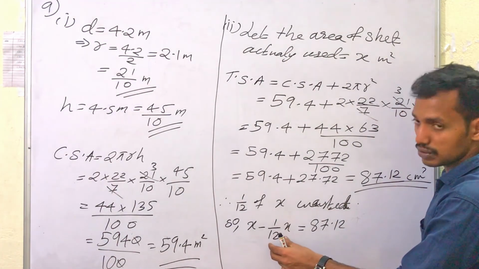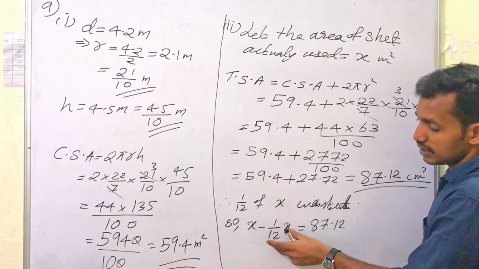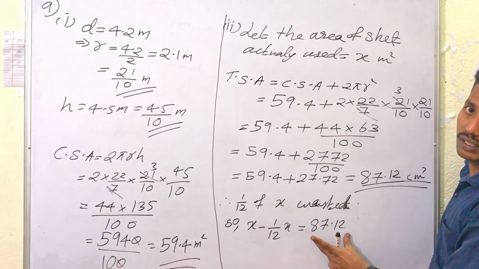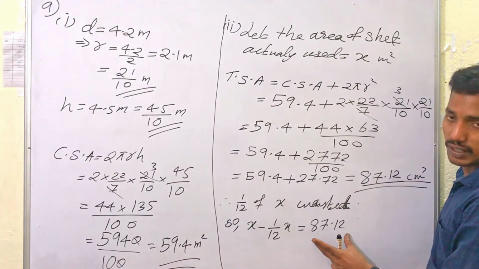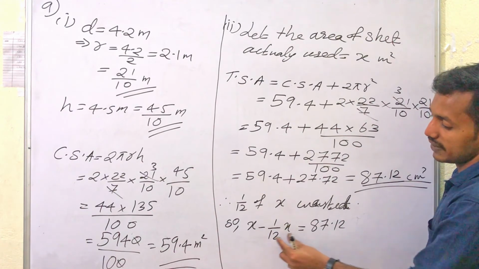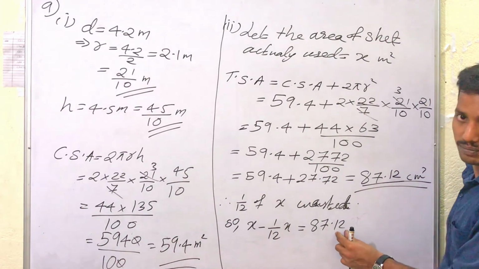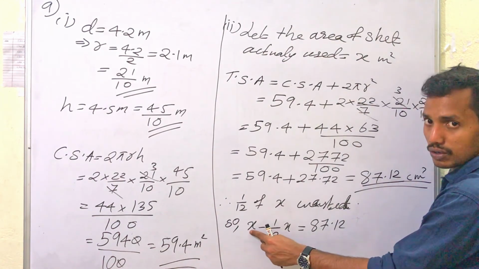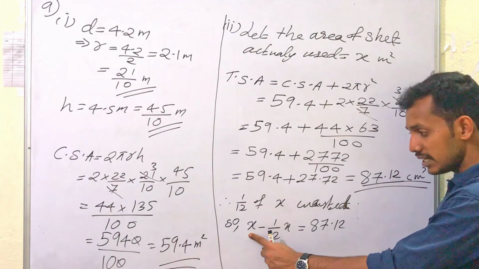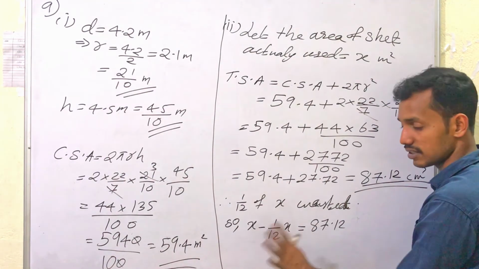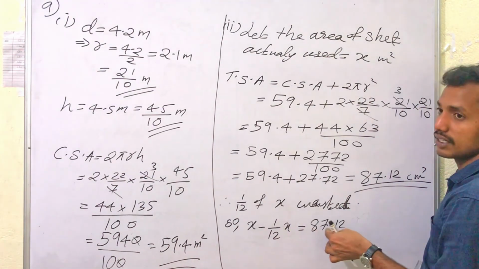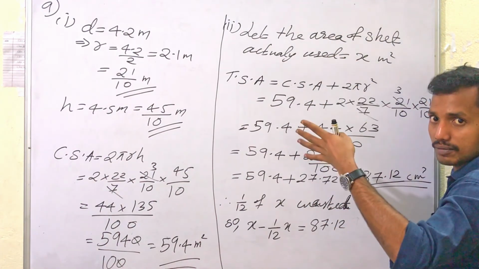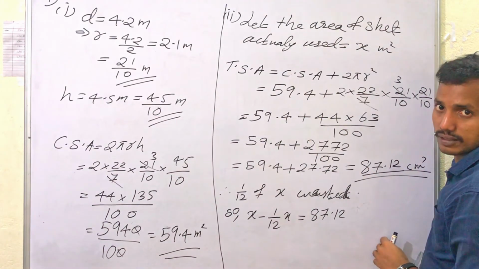So if we subtract the 1 by 12th wasted material from the area of sheet used, we will get the area of the cylindrical tank. Clear? That means x minus x/12 is equal to 87.12. How will we get this? Because the area of sheet used is x, minus the area of sheet wasted, we will get the area of the cylindrical tank. The remaining area of sheet will be used for making that cylindrical tank.